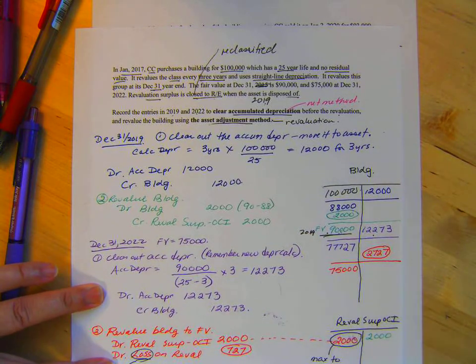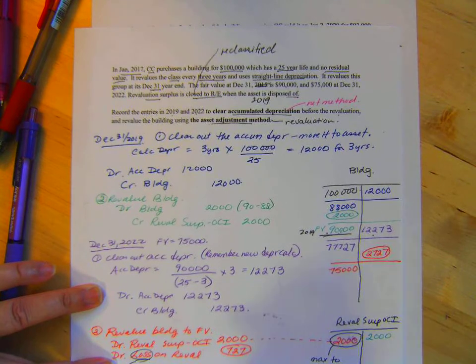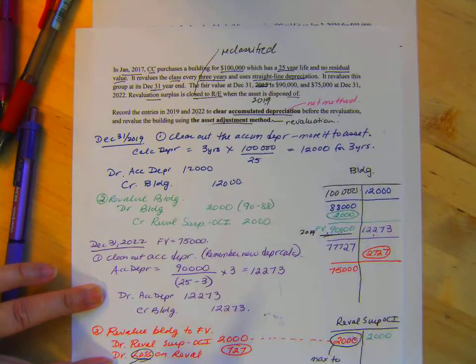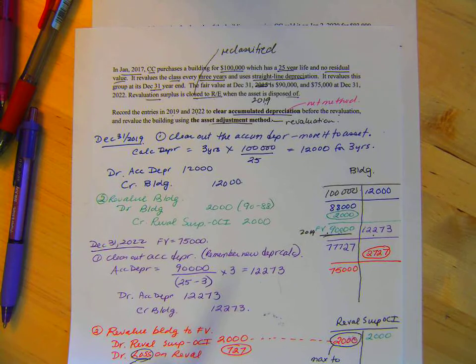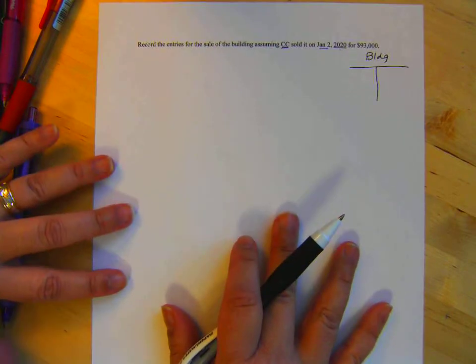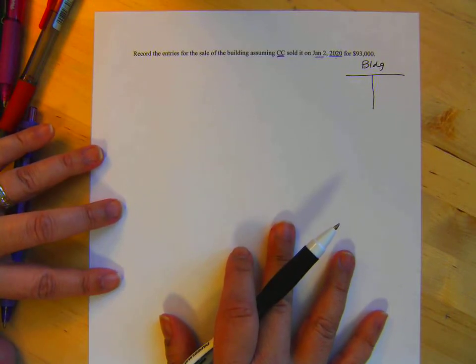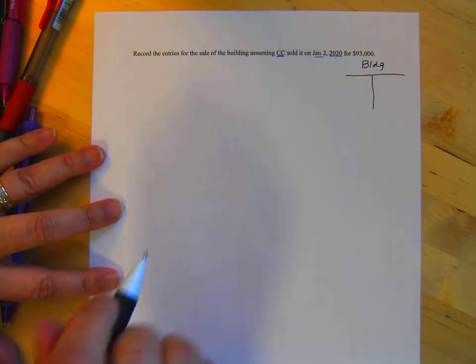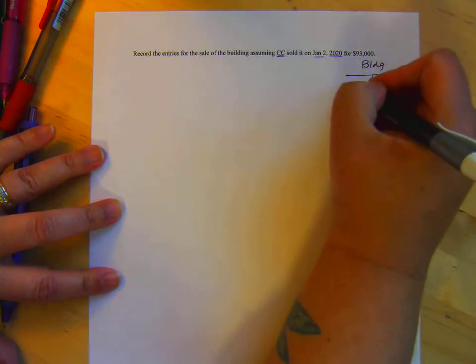Remember, the depreciation entries you make every year don't touch the building. Okay, so let's put our 90,000 in.